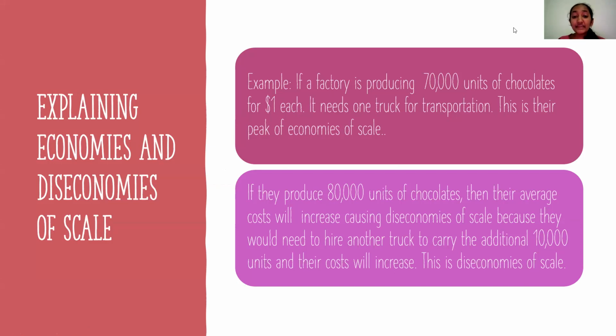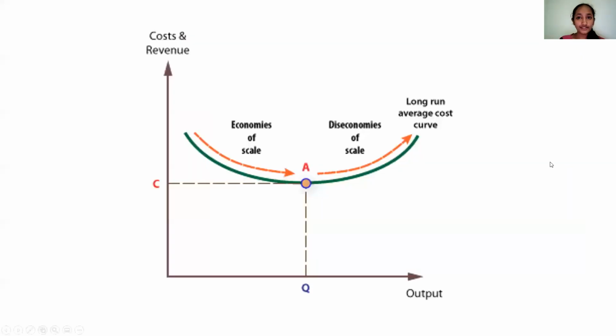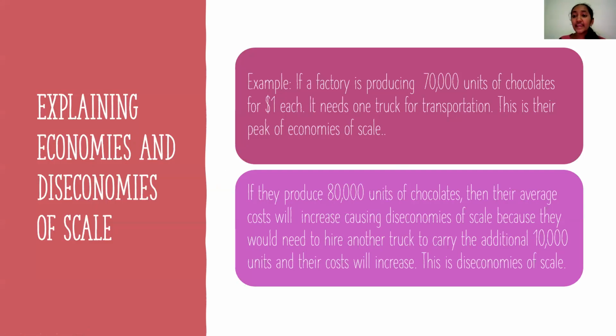This is the peak of their economies of scale, point A. If they produce 80,000 units, which is 10,000 units more than the peak, then their average cost will increase, causing diseconomies of scale, because they would need to hire another truck to carry the additional 10,000 units, and their costs will increase. This is diseconomies of scale.